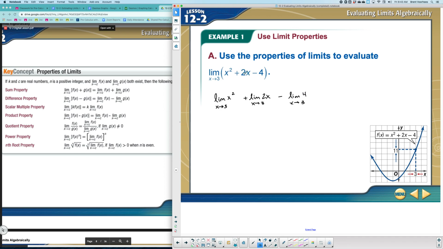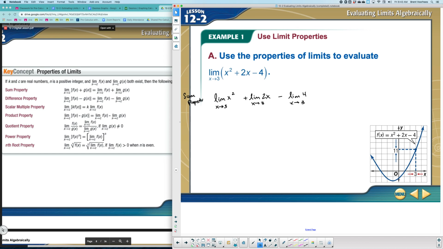Now notice I just distributed that limit through there, if you will. I put the minus on this side; you could have said plus a negative 4. It doesn't really matter. That is using the sum property. If multiple functions are added together, you can separate them, take the limit of each individual function, and add those values up. That is the sum property.